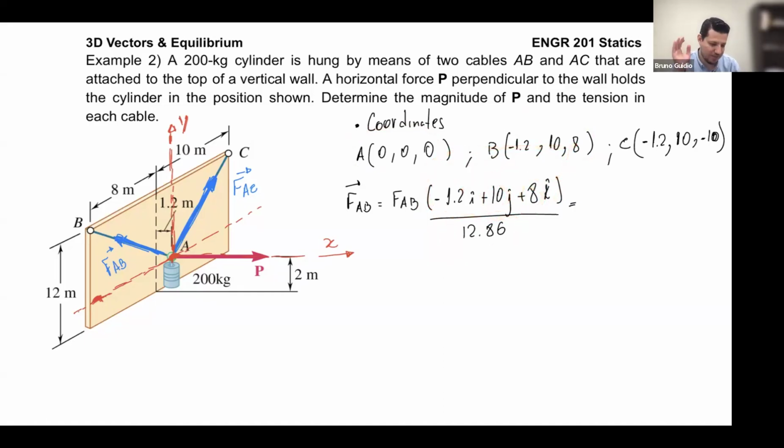I'm just going straight to the point here. Negative 0.09 FAB i hat, positive 0.78 FAB j hat, and positive 0.62 FAB k hat.